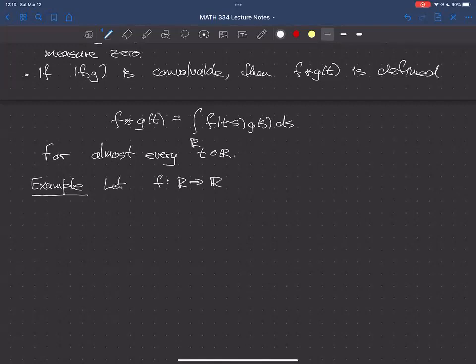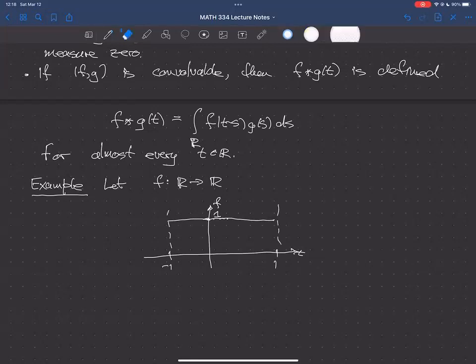And the example is really intended to give you some feeling for how convolution works. And I'm going to draw the graph of the example. And so it has a value of 1 between -1 and 1 and 0 otherwise.